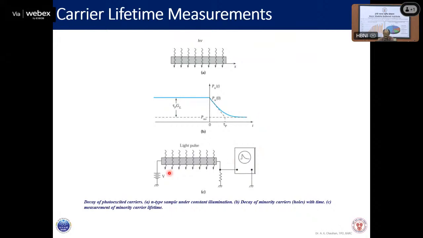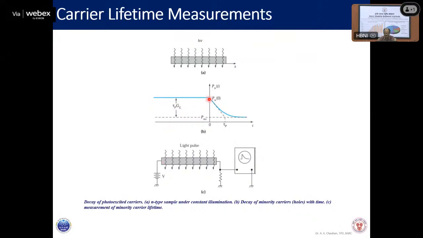But as soon as you start illuminating, the electrons will move from the valence band to the conduction band, and then you will have a lot of current. All those electrons which are in the conduction band will start moving, and you will have a lot of current.